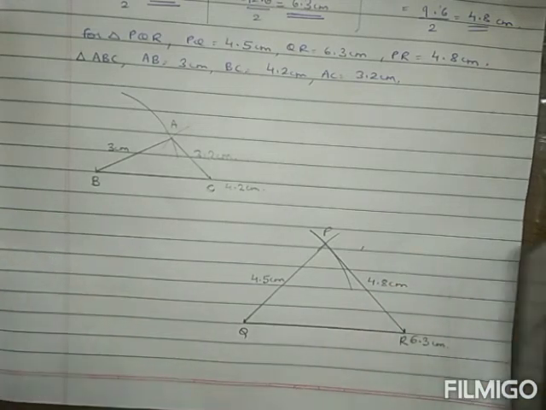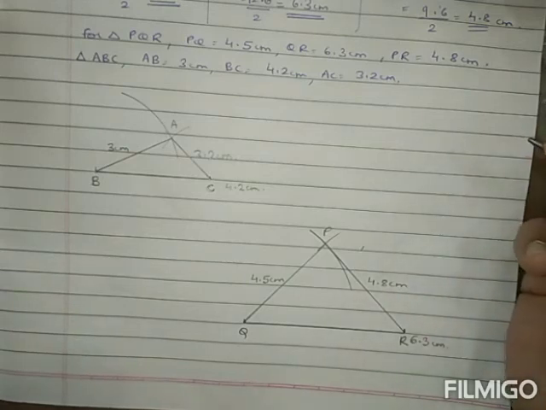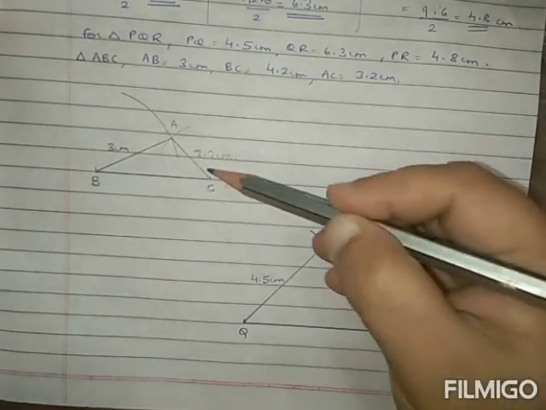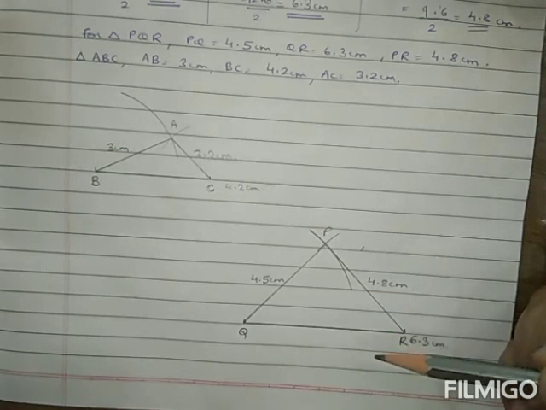Okay, so using the property of similarity, that the corresponding sides bear the same ratio, we have found out measurements of the sides of the new triangle, and then we have constructed both the triangles. So this is the first type of construction for similar triangles.